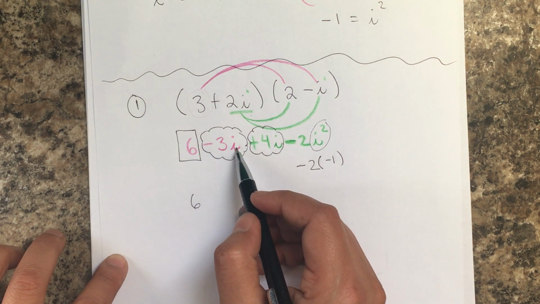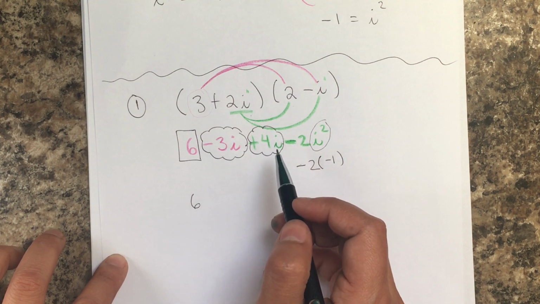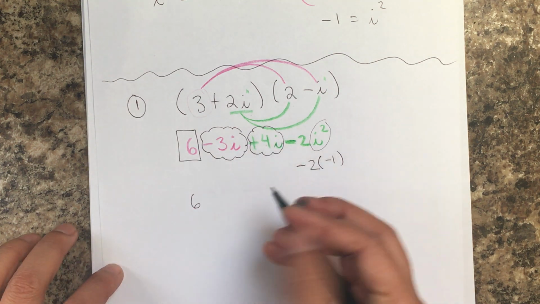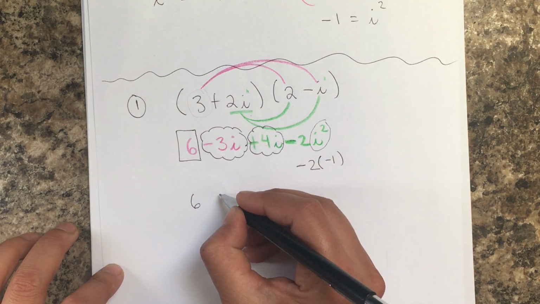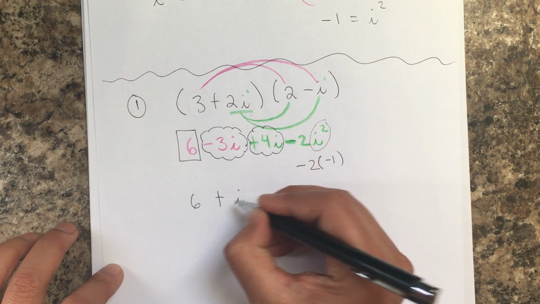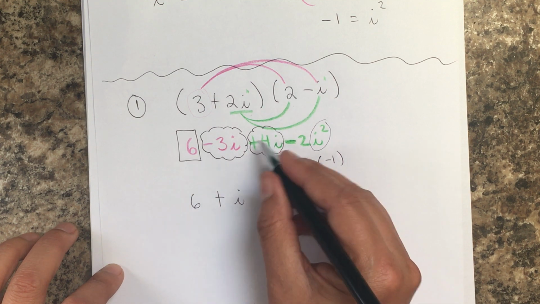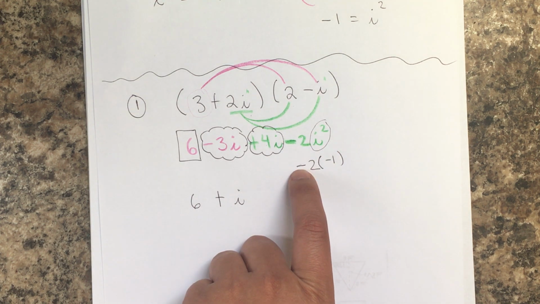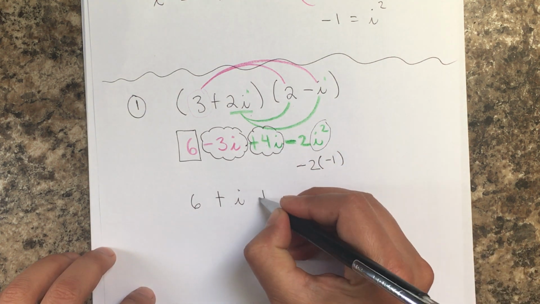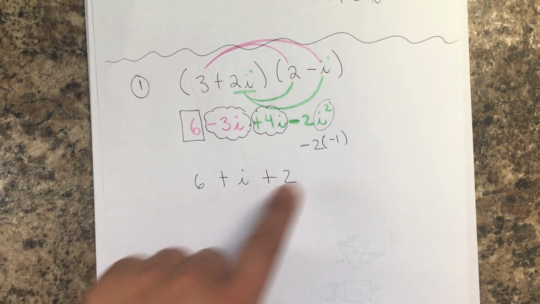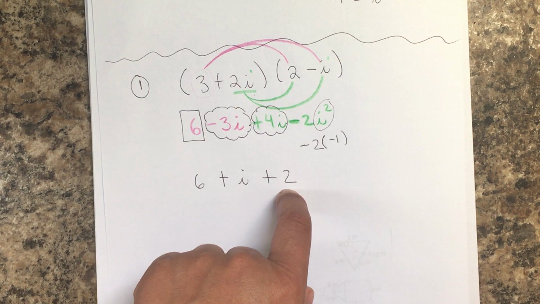If I have negative 3i and positive 4i, different signs we subtract and leave the sign of the greater one. 4 minus 3 is 1, and it's positive, but since we have the i, we don't need to put the 1 in there. Okay? In here, negative times negative is positive. 2 times 1 is 2. And because of that, we ended up with a constant number.